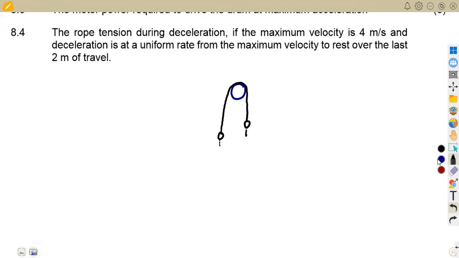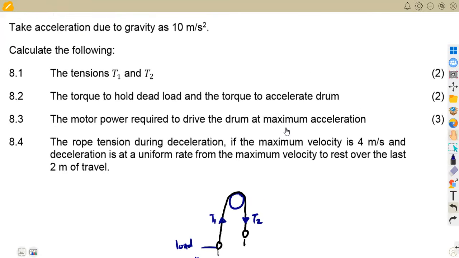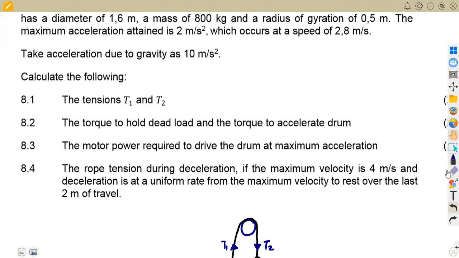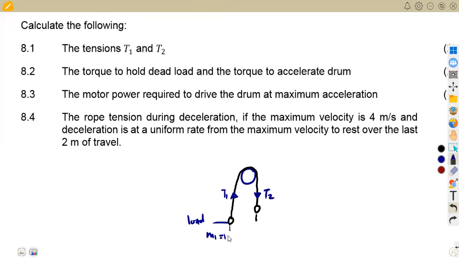So that is what we have, our load going up, and here we have T2 and T1. This M1 is for our load, our loaded cage, which has a mass of 1,500 kgs. So that is the mass M1, 1,500 kgs.